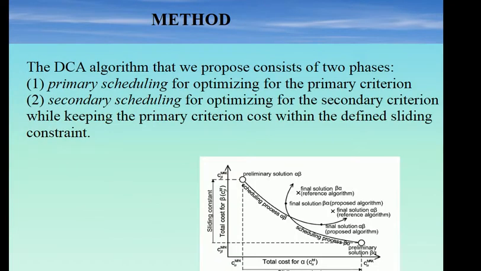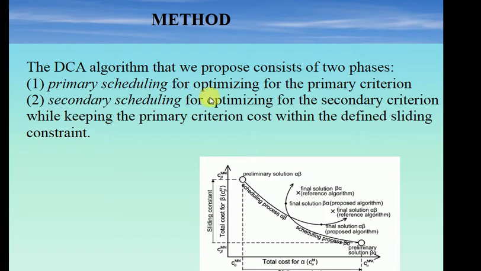So let's come to the DC algorithm, which is explained using a graph, and this is a very good explanation. Here it uses 2 main phases, that is primary scheduling and secondary scheduling.